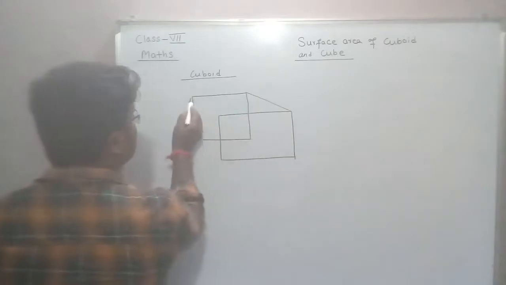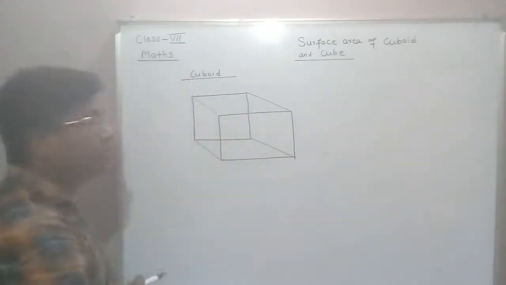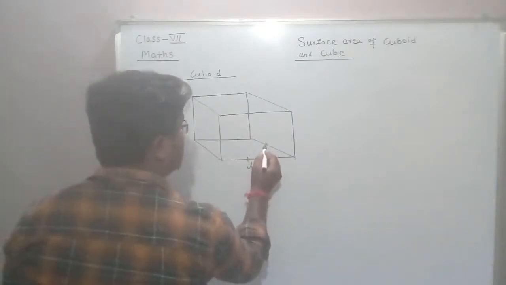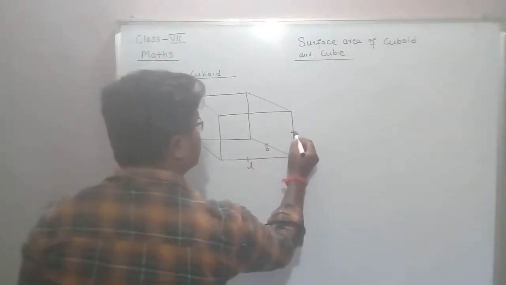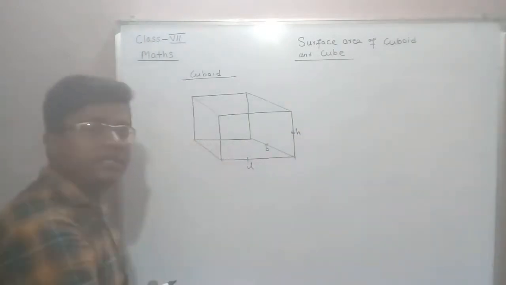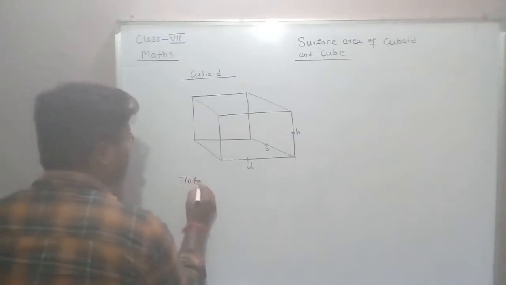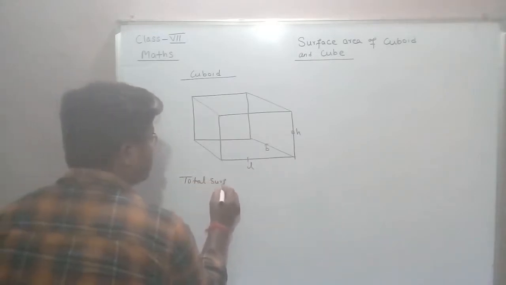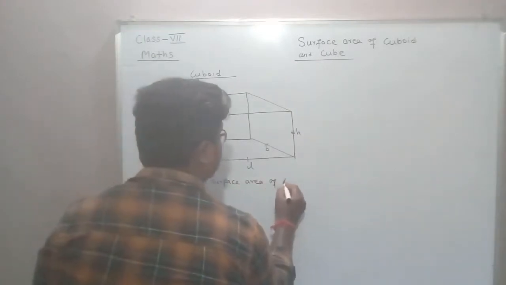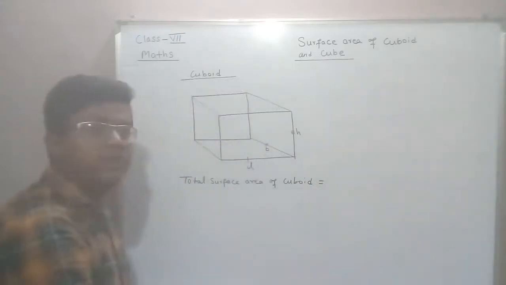So this is your cuboid. Suppose this is your length, this is your breadth, and this is your height. It has altogether 6 surfaces, and the total surface area of cuboid is equal to, what is the formula we have?